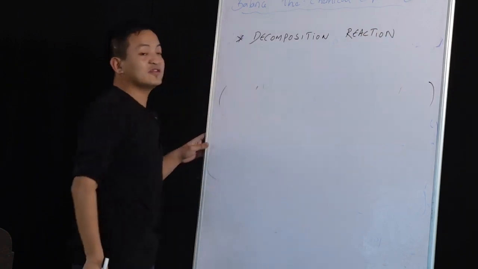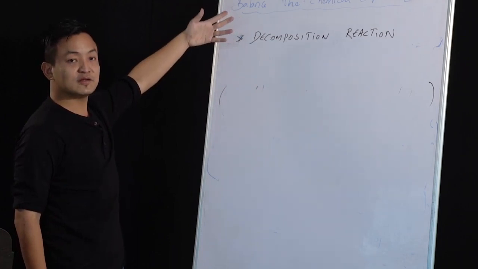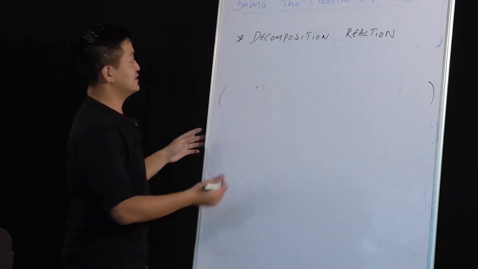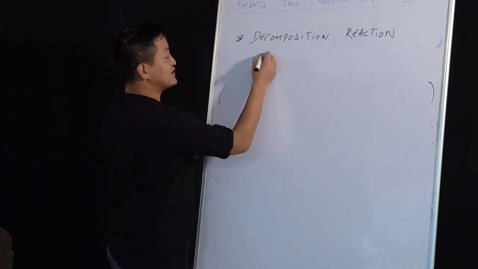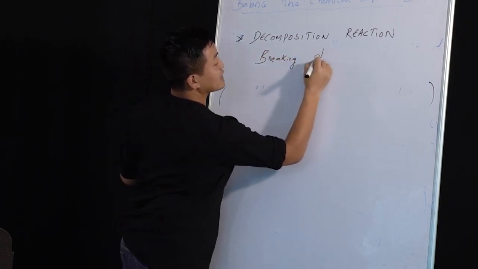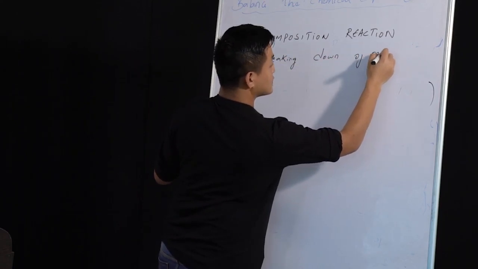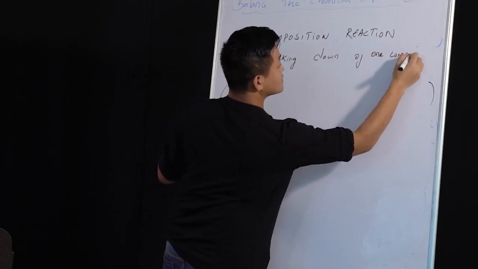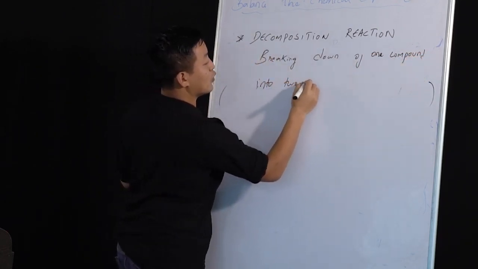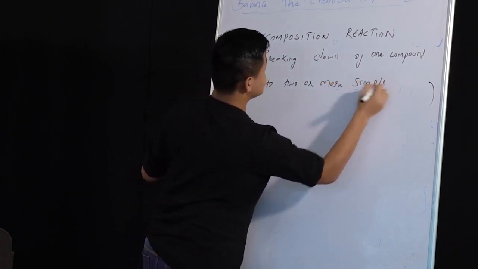Here, before I give you the definition, the very word decomposition means breaking down. Breaking down of one compound into 2 or more simple substances. So decomposition reaction is defined as breaking down of one compound into 2 or more simple substances.